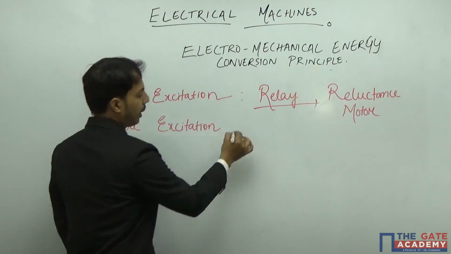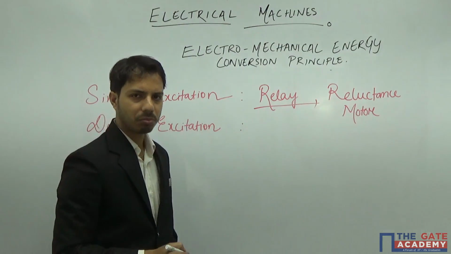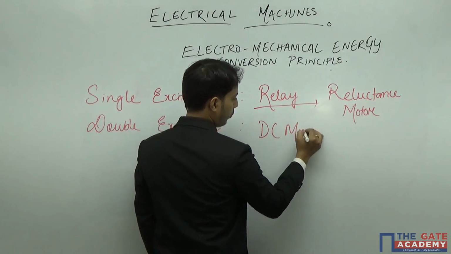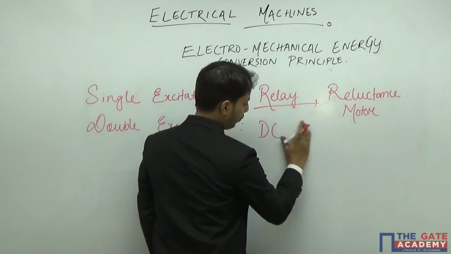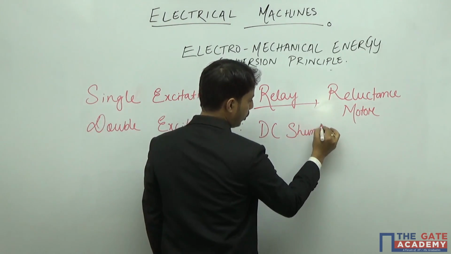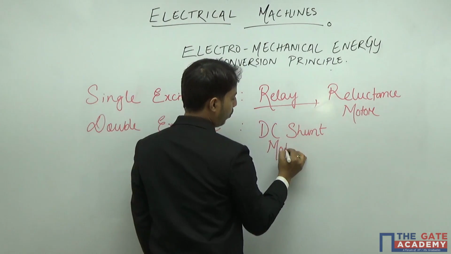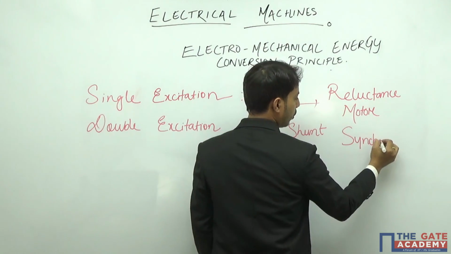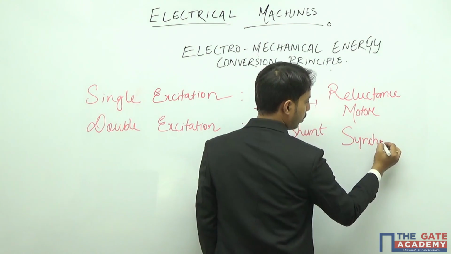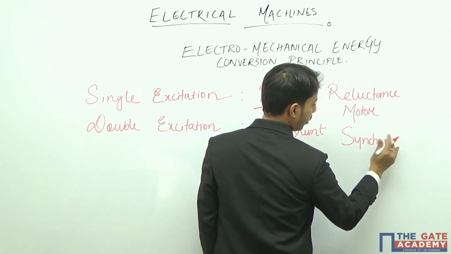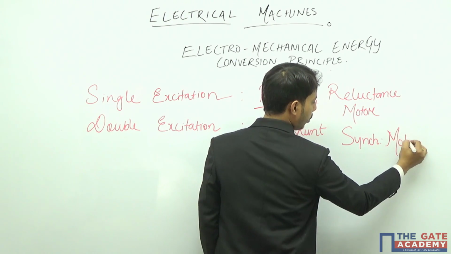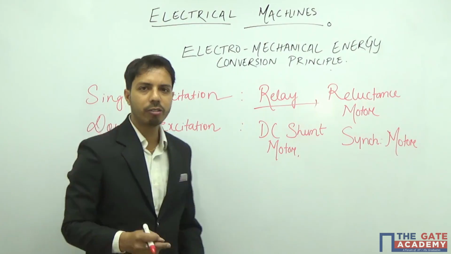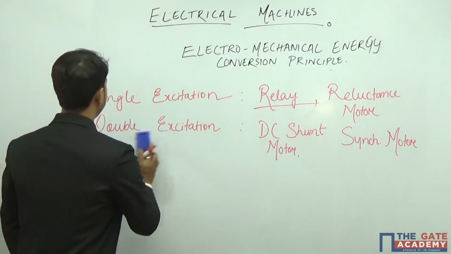Double excitation system examples are DC motor, DC shunt motor, synchronous motor. Okay, so these are the examples of single excitation and double excitation of magnetic fields or magnetic system.